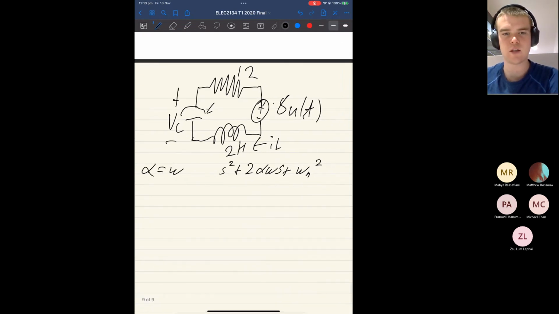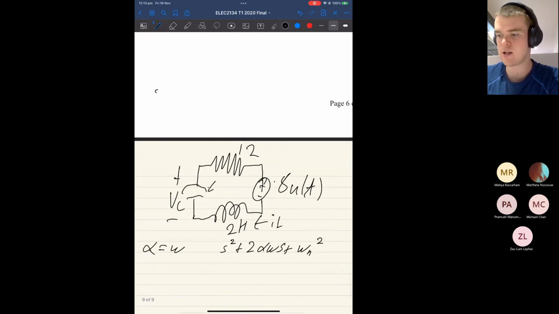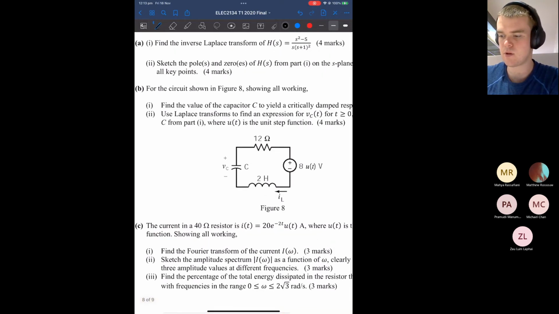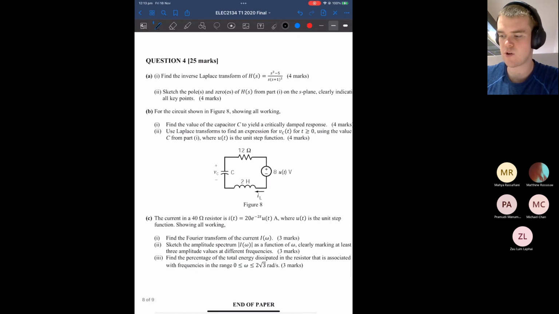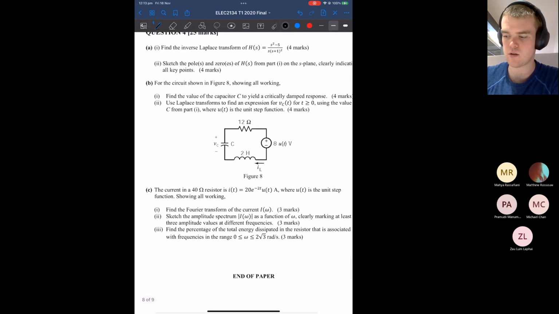Now when we're trying to find the general equation for it, we'll need to find some differential equations to solve for this system. Now, it doesn't say what we need to do actually, just need to find a value for the capacitor C to yield a critically damped response.